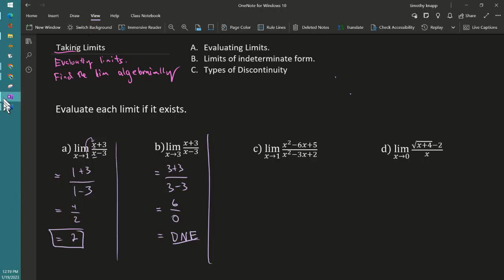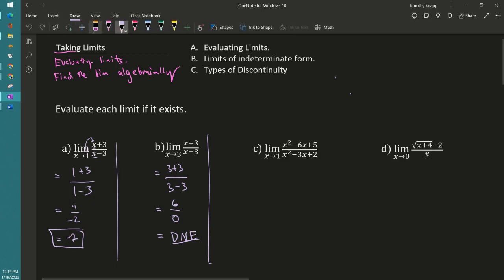Did I forget a negative sign in here? Oh, yes, I did. Thanks, guys. Thank you, graph. I missed that negative sign because 1 minus 3 is negative 2. So basically what that means is my limit is negative 2. Classic missing of the negative sign mistake.